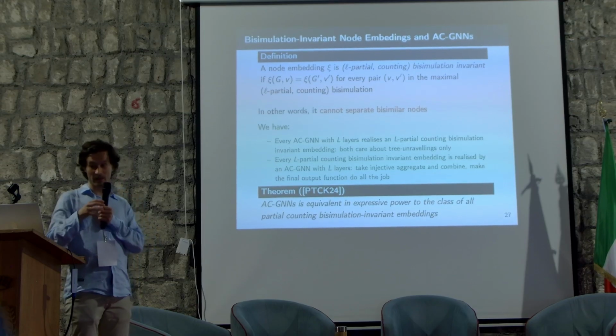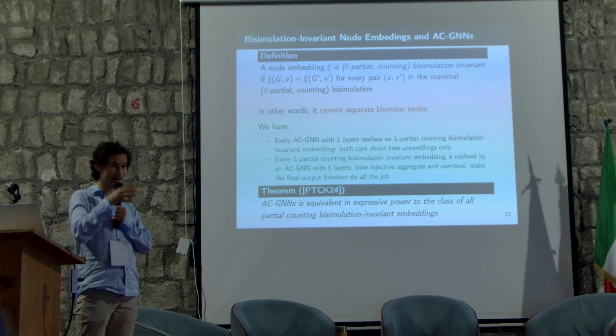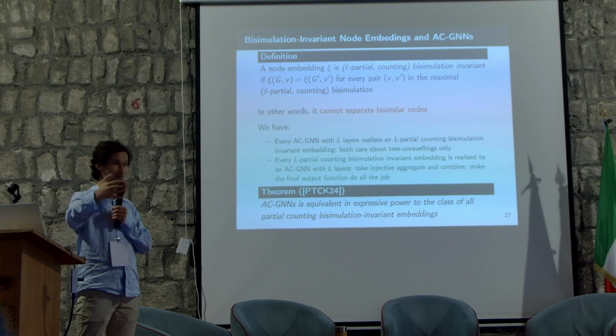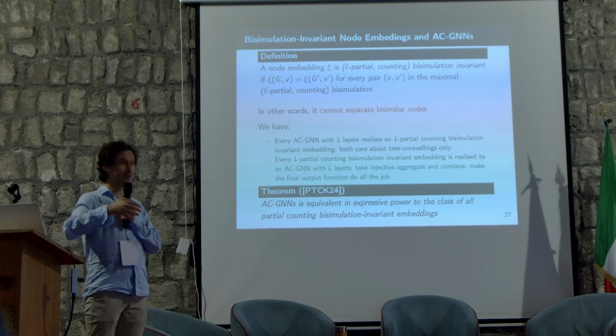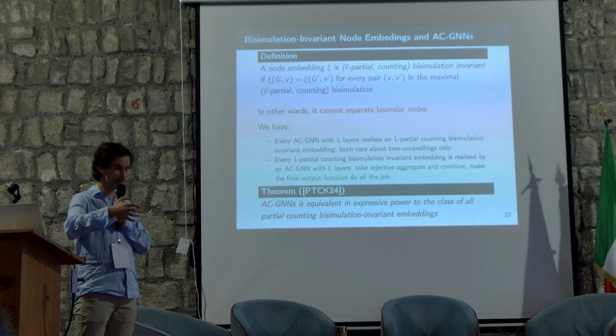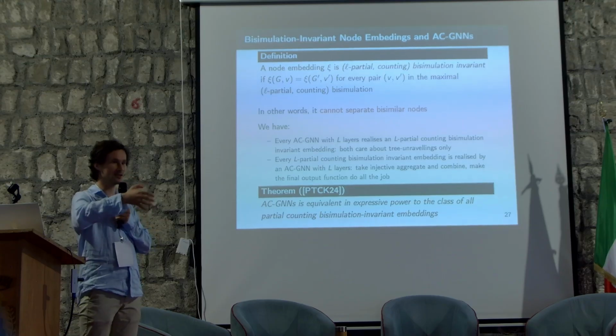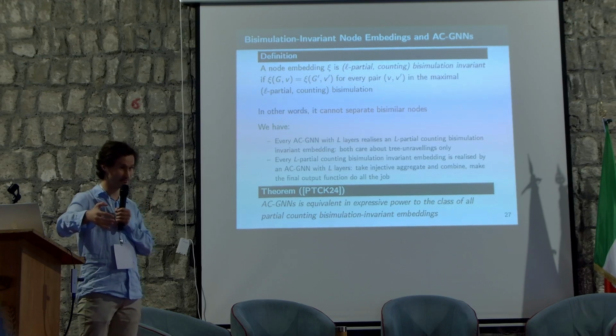So actually, each AC GNN has a number of layers, maybe 5. And AC GNNs with 5 layers are 5 partial counting bisimulation invariant, precisely.